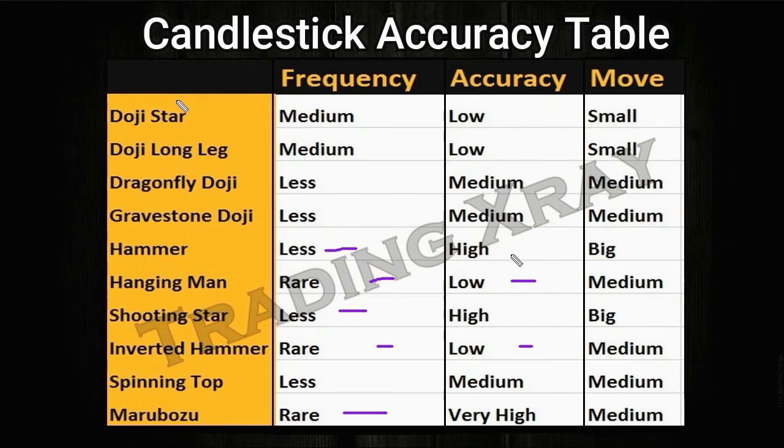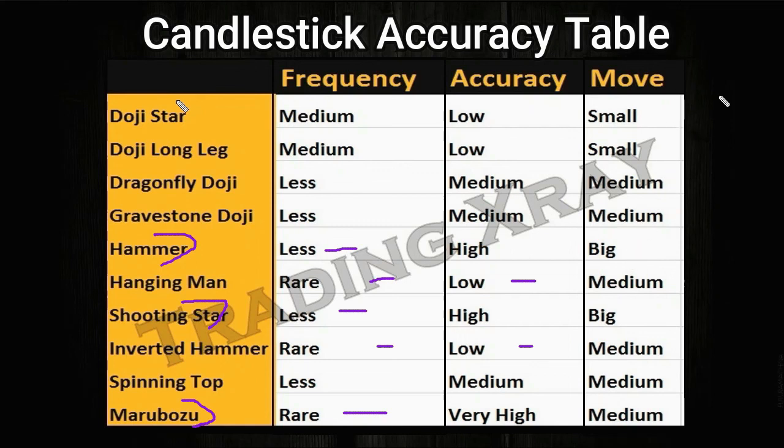Overall we can conclude that if we get the hammer, shooting star and Marubozu, we can expect a good trade, and we should never miss the opportunity of hammer, shooting star and Marubozu because these three candlestick patterns have high accuracy and can give a big move as compared to the rest of them.